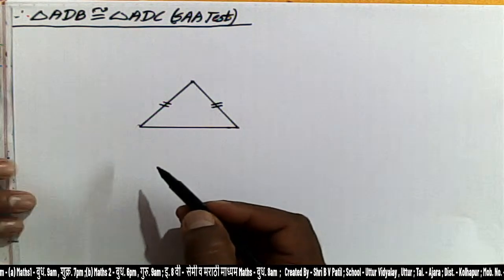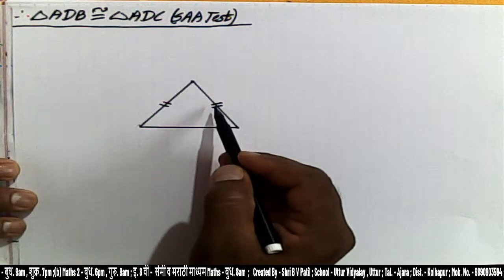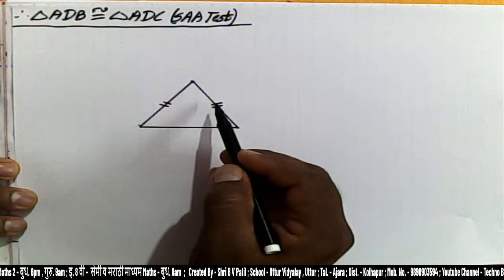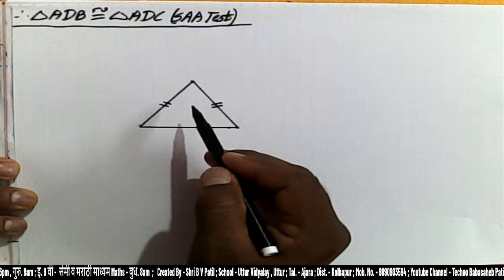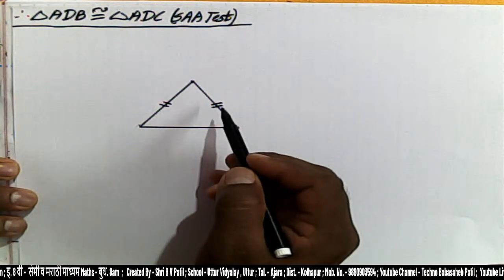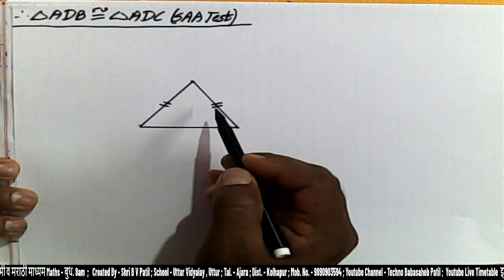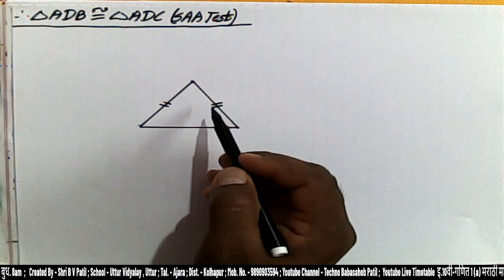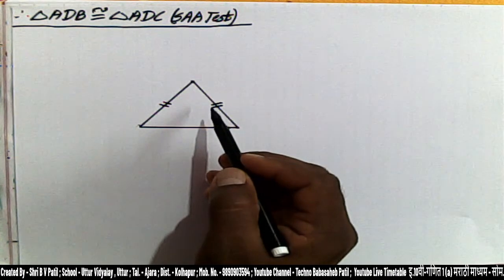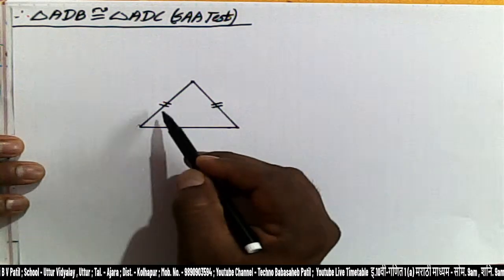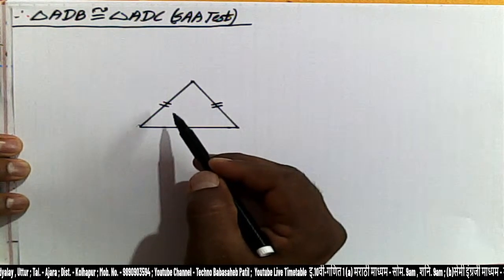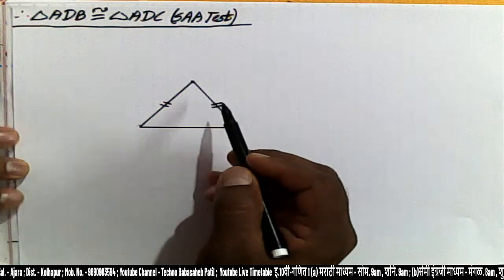Two sides are congruent, and if two sides are congruent, then that triangle is called, tell me the name of that triangle. That is an isosceles triangle, and today we discuss the isosceles triangle theorem.